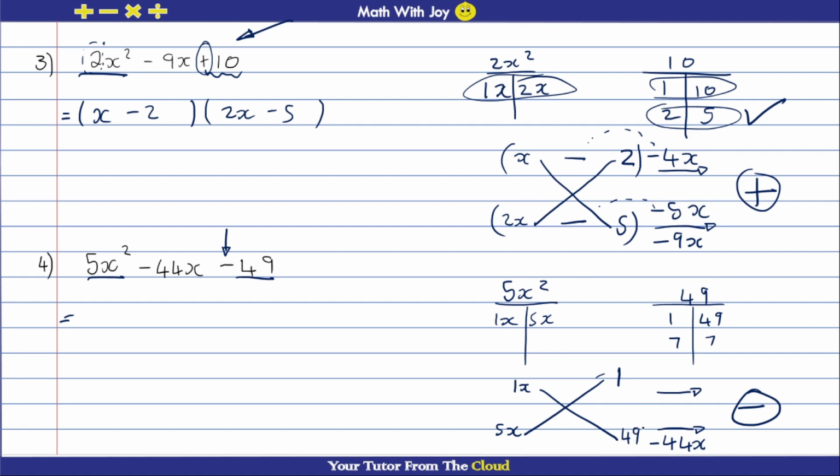So 1x times 49 is 49x, and then 5x times 1 is 5x. And then when you subtract 49 with the 5, so I have minus 49 and a positive 5 will give us negative 44x. So that works out nicely. So that means that these are now our factors.